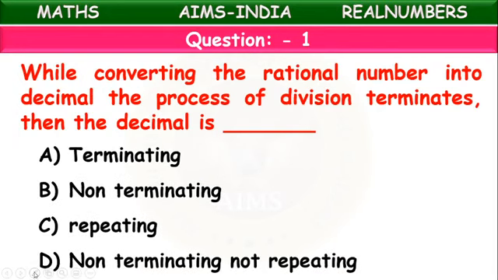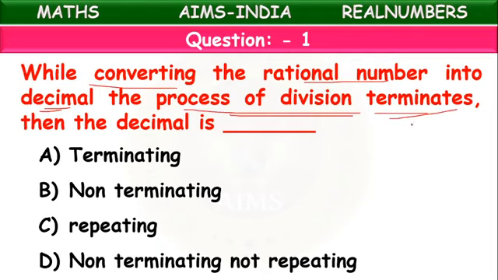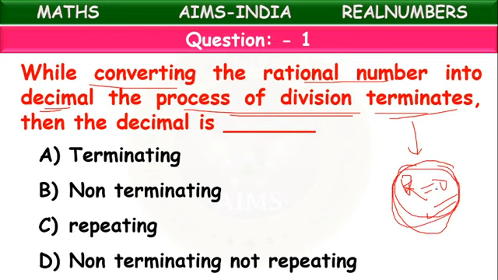Okay, children, what is the first question here? While converting the rational number into decimal, the process of division terminates. Means the remainder will be 0. While dividing, what we are getting might be 0.